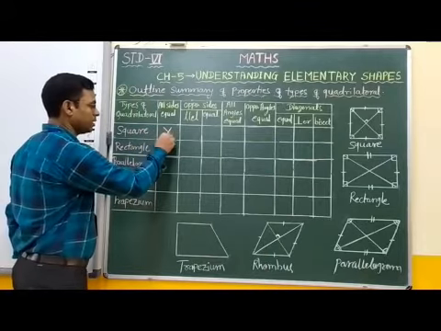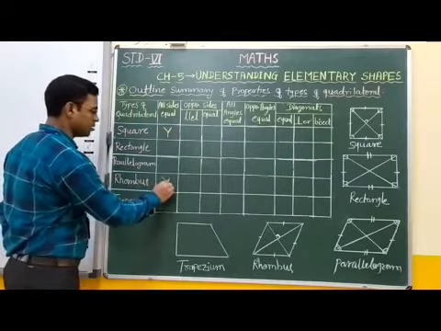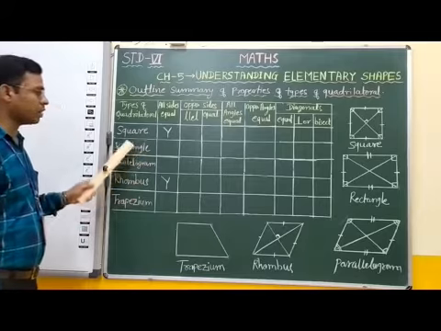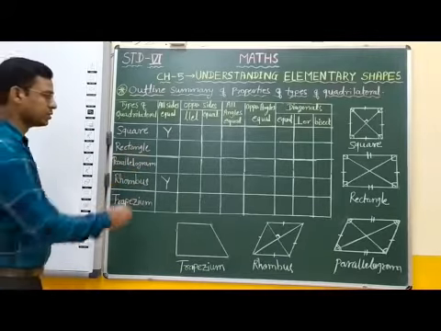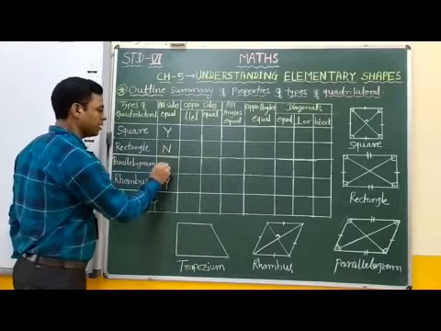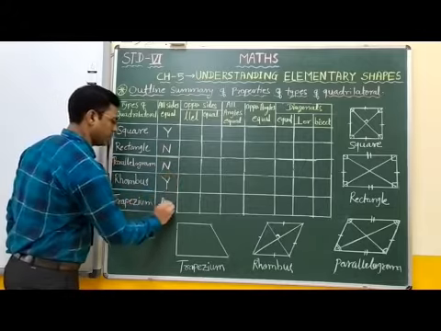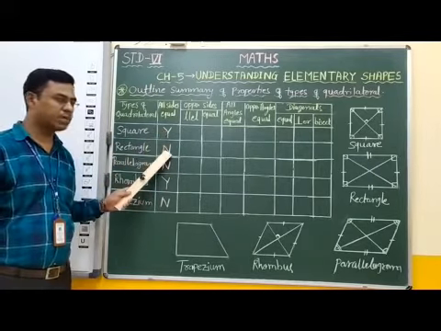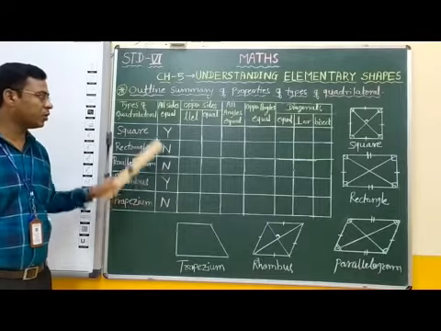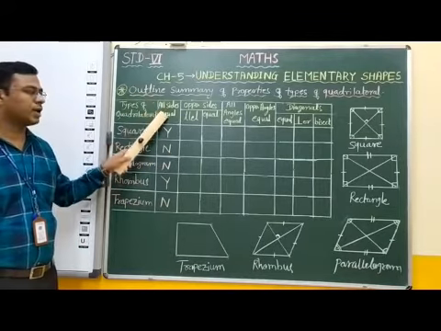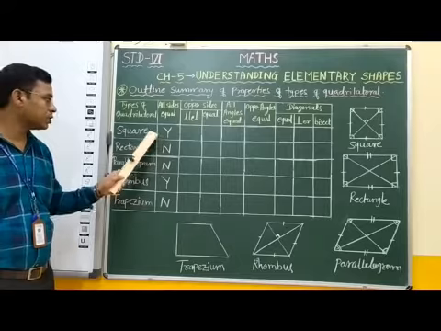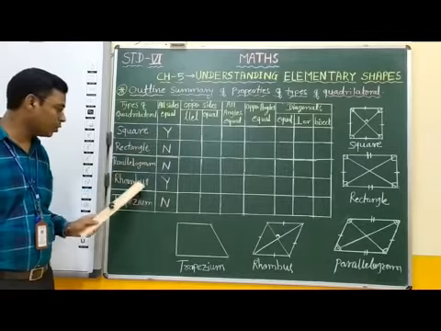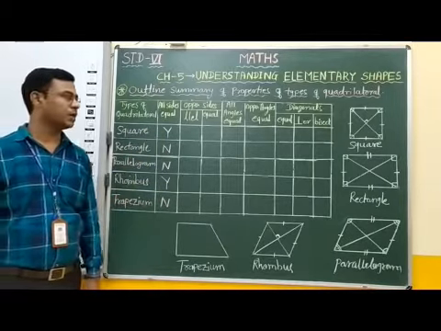And for the remaining quadrilaterals, we can write no. Y means S and N means no. Therefore, all sides are equal in square and rhombus only.